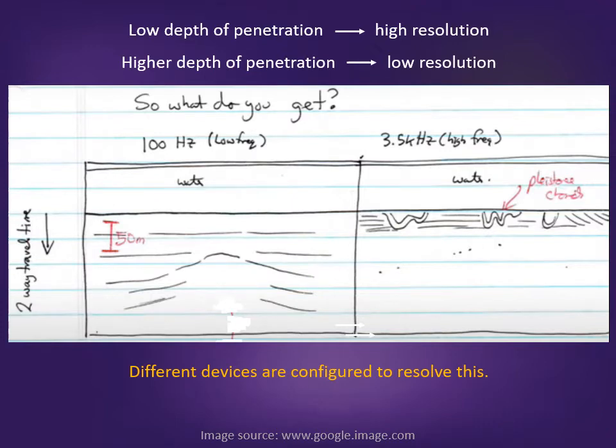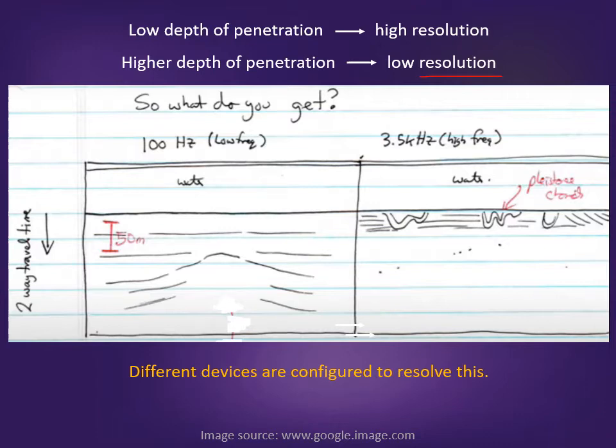Now, when the depth of penetration of any incoming ray or wave is low, we get very high resolution of reflected rays. But when the depth of penetration is higher, that means the incoming waves go to greater depths, then the resolution is very low.